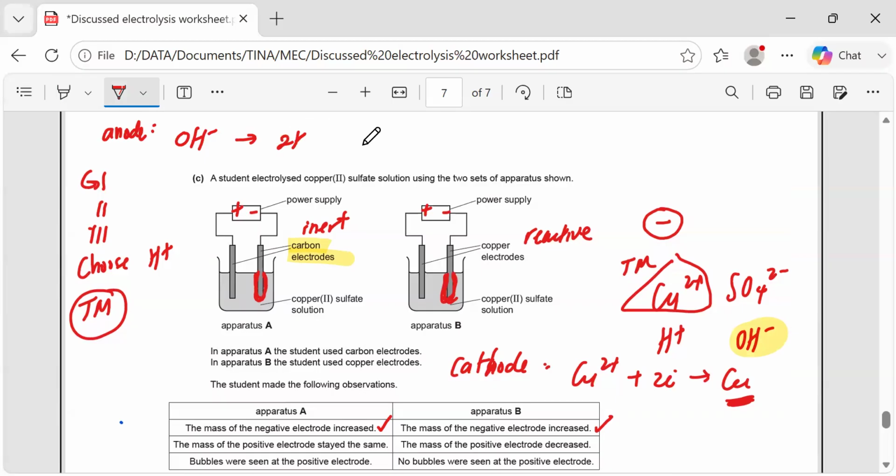Water, oxygen, and 4 electrons. So because it forms oxygen, what do you see? You cannot see gas. You see bubbling.